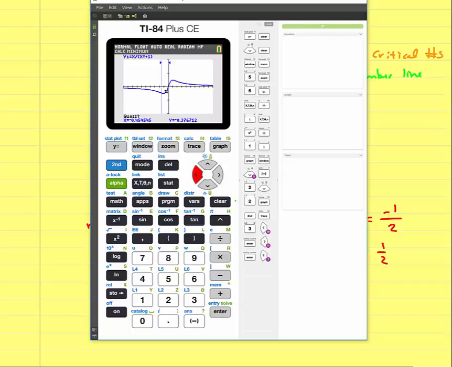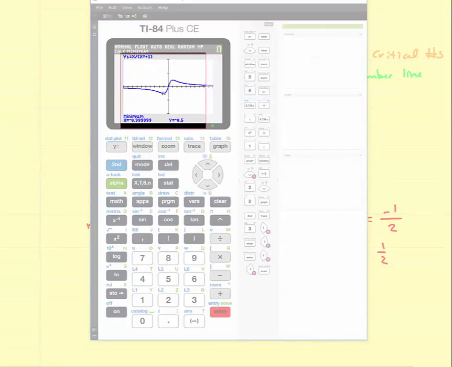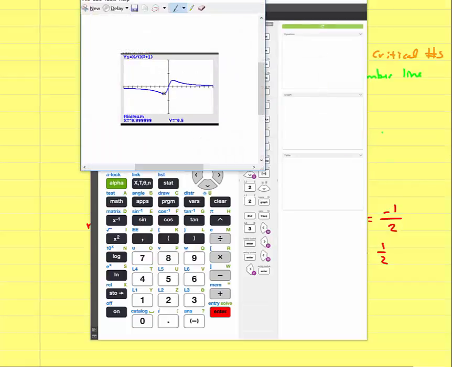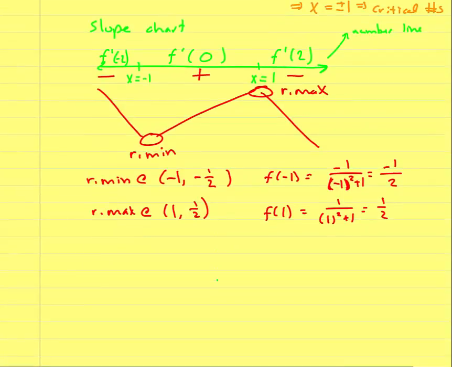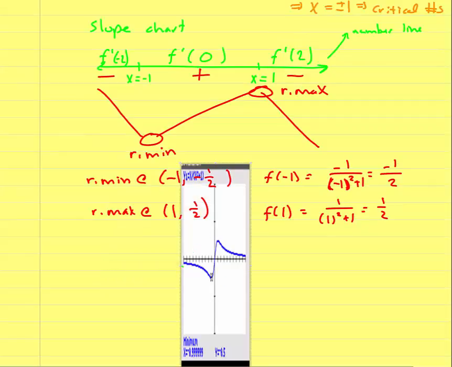And then it says to guess, and you can go over and say, well, I think it's right about there. It doesn't have to be anywhere exact, somewhere in here. And you can see that this gives you the minimum value. The minimum value occurs at x equals -1, and that's -0.999 repeating, which is -1, and then -1/2. So that matches exactly the work that I found over here working this by hand.